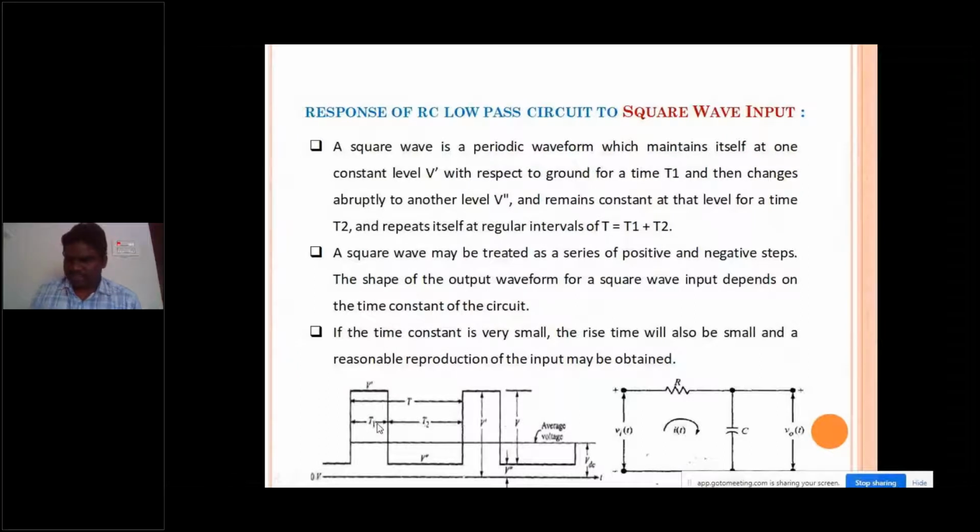For different parts: for time less than t1, it seems to be like a positive step. For t greater than t1, it seems to be a negative step. So I need to calculate it for two different durations, which means for 0 less than t less than t1, and t1 less than t less than t1 plus t2. So these are the different durations that I need to use to calculate the response.